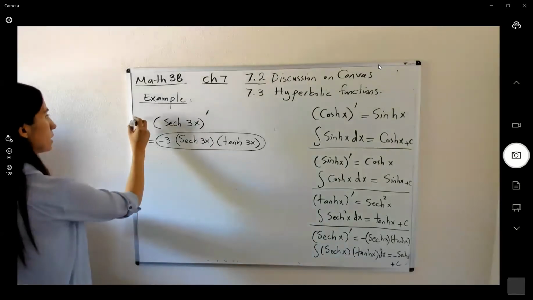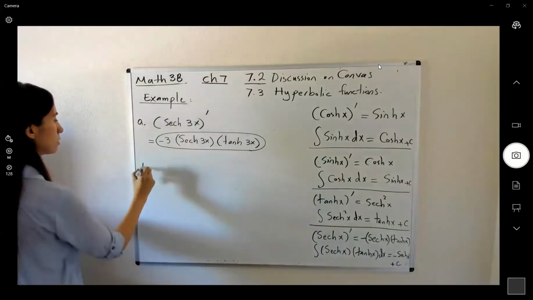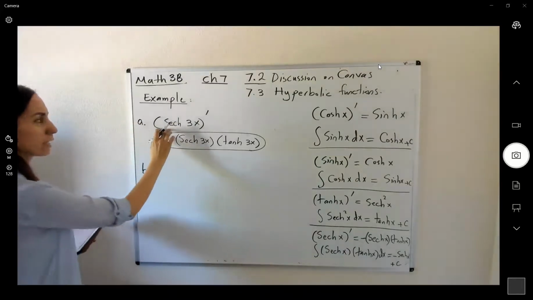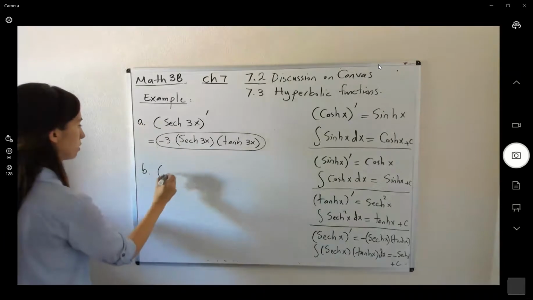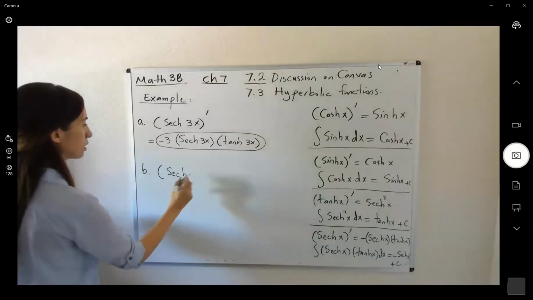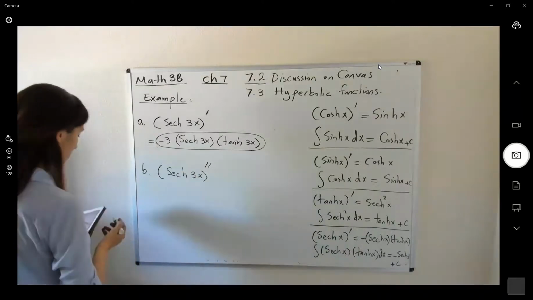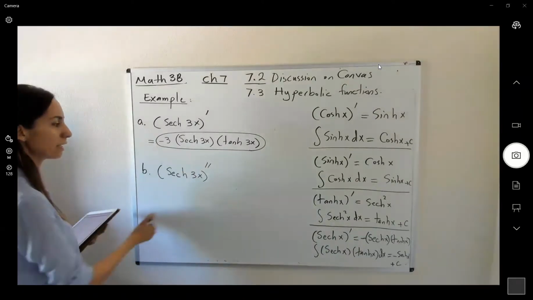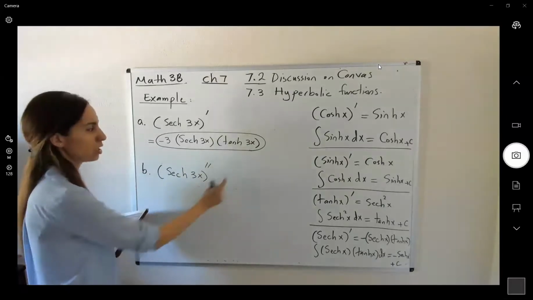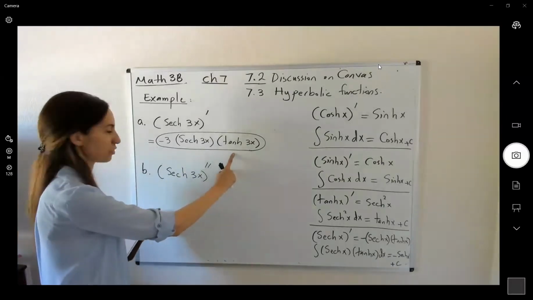So this is part A. Part B says, take the second derivative of this function. Take the second derivative of hyperbolic secant 3x. To take the second derivative, we have to use its first derivative.